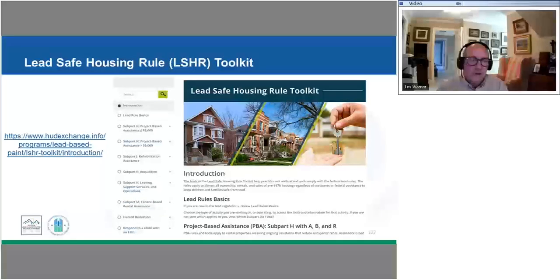I'll just also mention, as Chris said yesterday, we only had the opportunity to do a very quick review of what the required actions are when you have a child with an elevated blood lead level. So if you have not already attended that training in the past, that is posted, and I would really recommend that because that could be a responsibility that you would need to implement, and you would need to prepare and know what those required steps are.